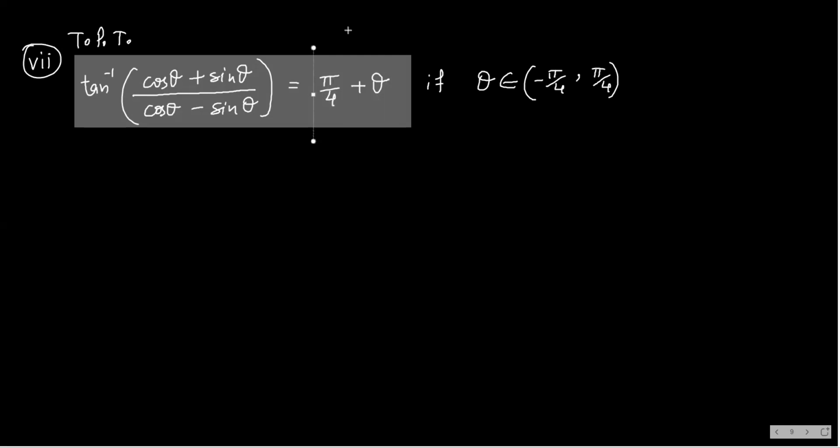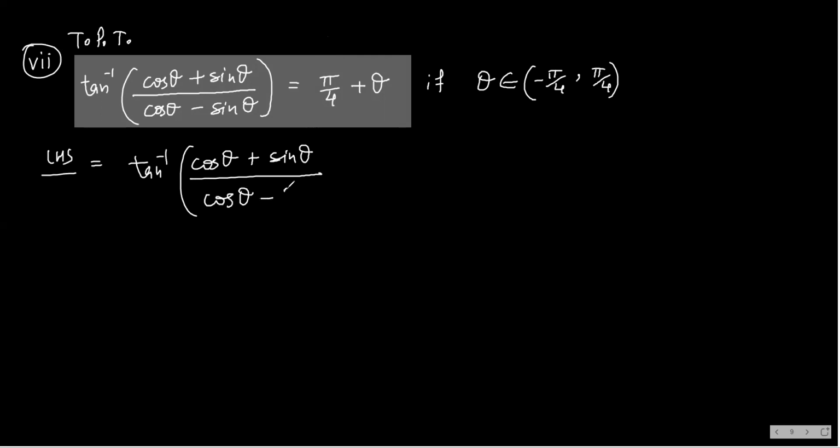Let's do it. I will begin with left hand side. I write here left hand side equals tan inverse of cos theta plus sine theta upon cos theta minus sine theta. What I do next is I divide numerator and denominator inside the bracket by cos theta.